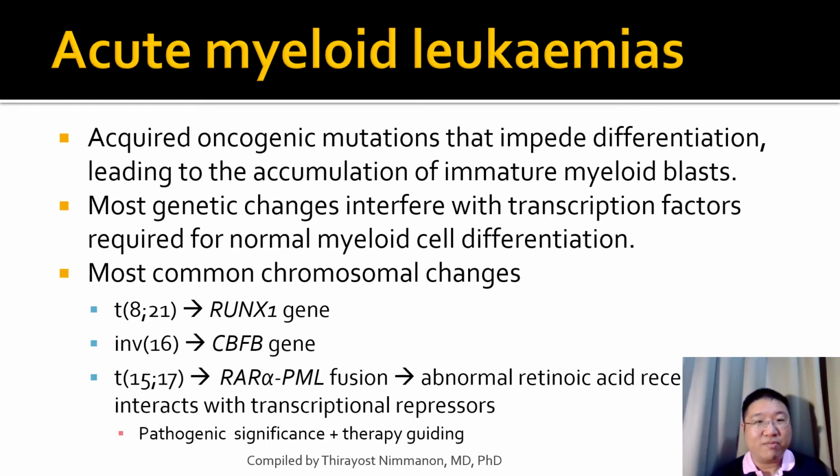So acute myeloid leukemias are associated with acquired oncogenic mutations that impede differentiation, leading to the accumulation of immature myeloid blasts. Most genetic changes interfere with transcription factors required for normal myeloid cell differentiation.